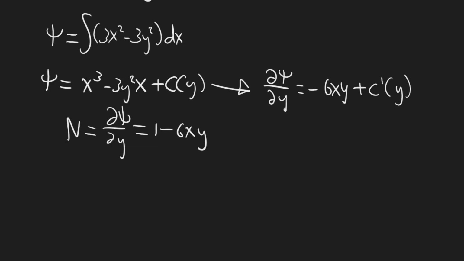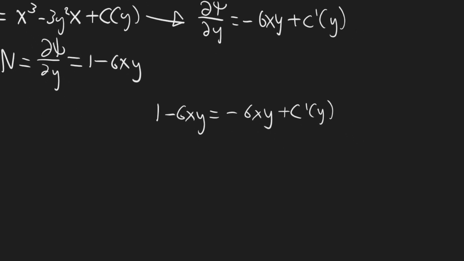So we can set them equal to each other. So 1 minus 6xy equals negative 6xy plus c prime of y. Okay, and so now we can just add 6xy to both sides. These are going to end up canceling. And we can say c prime of y equals 1.